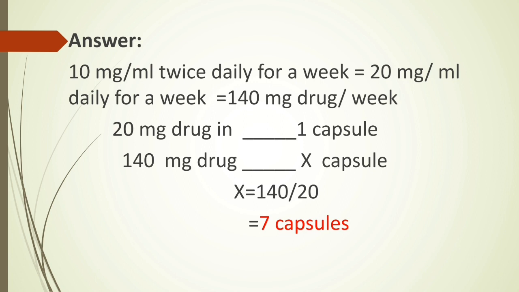Like earlier problems, here also we can apply the basic principle of cross multiplication. So X will be equal to 140 into 1 divided by 20, that is equal to 7 capsules.